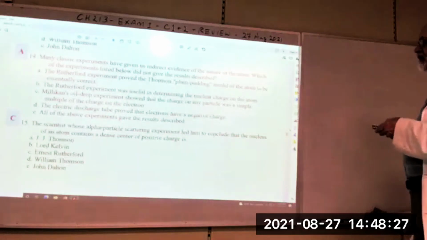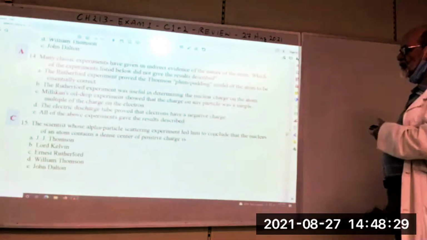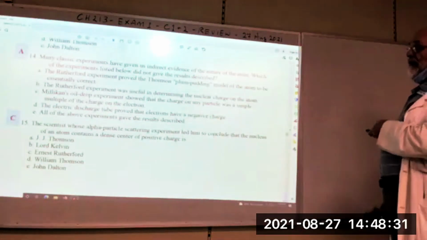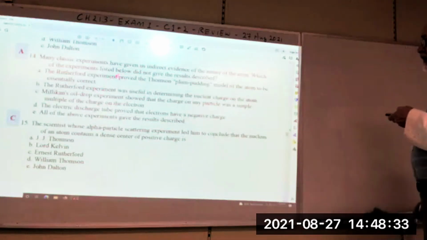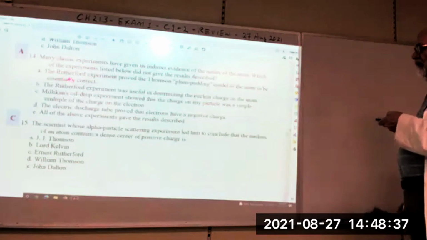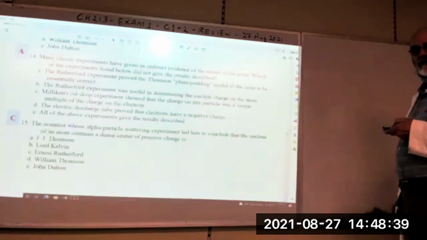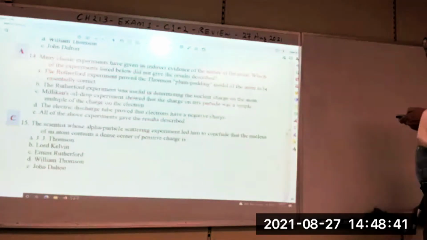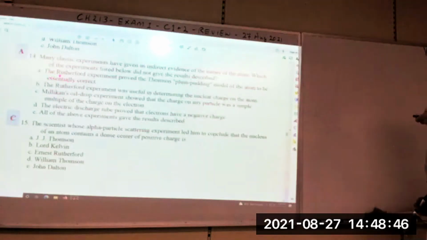Which of the experiments listed below did not give the results described? Right. So Rutherford's experiment proved the Thomson plum pudding model of the atom to be essentially correct. No, Rutherford debunked the plum pudding model in favor of the nuclear model. Right. So we found our answer. All of the above gave the results described? No, just this one is wrong. Did not give the result described.